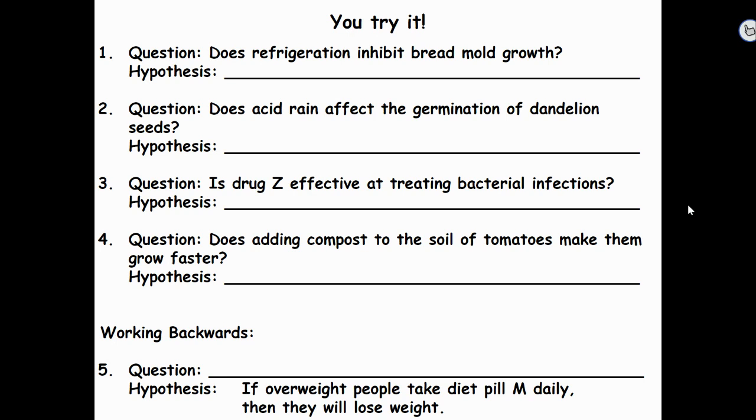Well, you have to understand what the word inhibit means, okay? Inhibit means slowing it down. So what the question's asking is, if I put bread in the refrigerator, will it slow down the rate that mold grows on that bread? So you have to create an if-then statement.